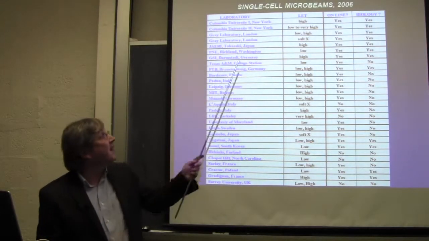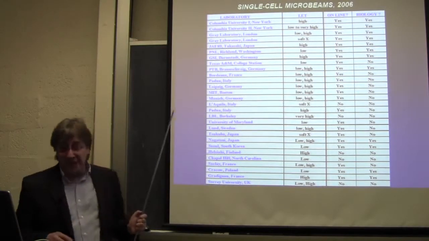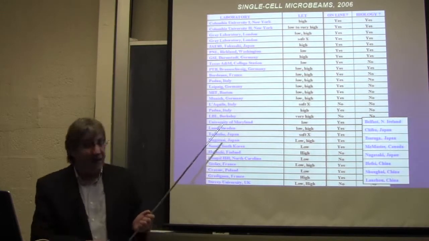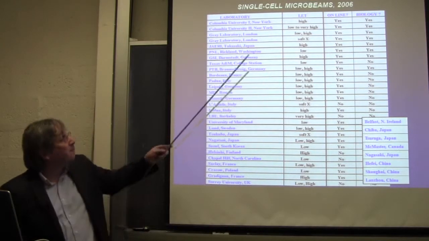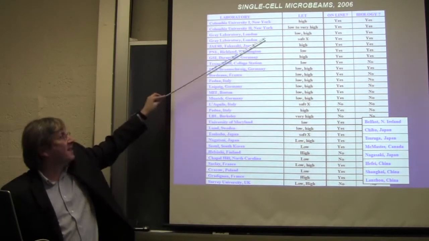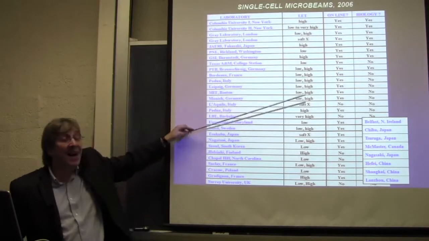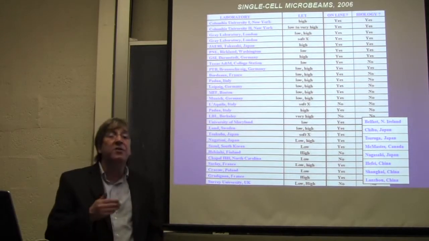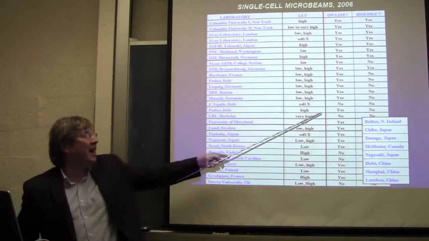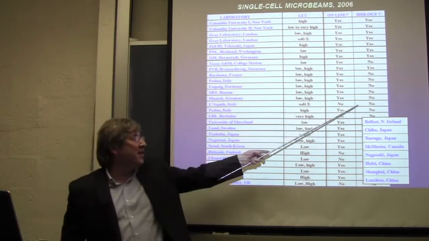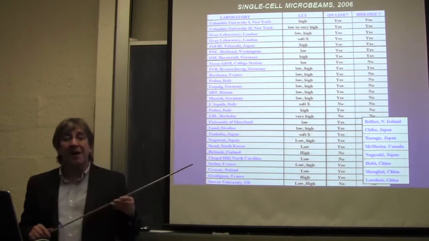Here's a list that I put together in 2006, so it's out of date. I can add just a few extra ones here. There are various parameters: low LET, high LET. Are they X-ray microbeams? Are they charged particle microbeams? Are they both? Are they online? And also, very relevantly, can they actually do biology?